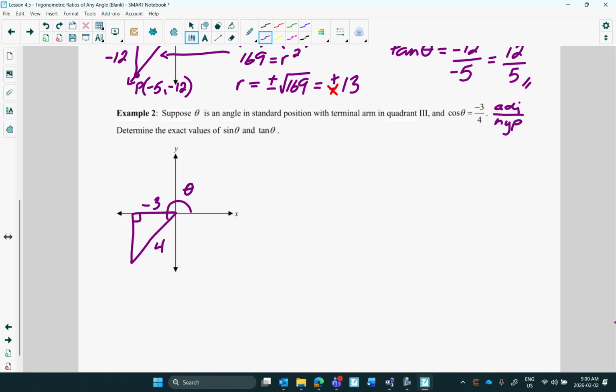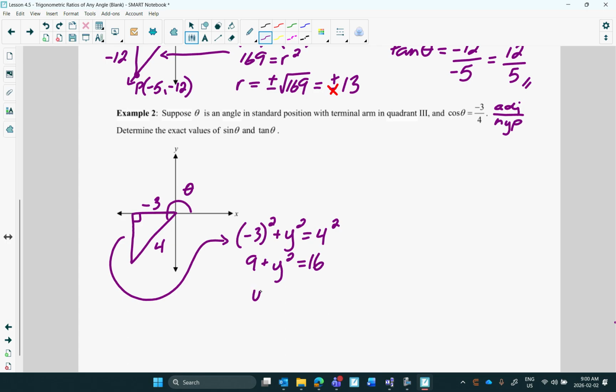But in order to get the other trig ratios, I need the missing side. And once again, I use Pythagoras. But this time, y is unknown. So it's (-3) squared plus y squared equals 4 squared, which gives us 9 plus y squared equals 16, which gives us y squared is equal to 7. What's y?